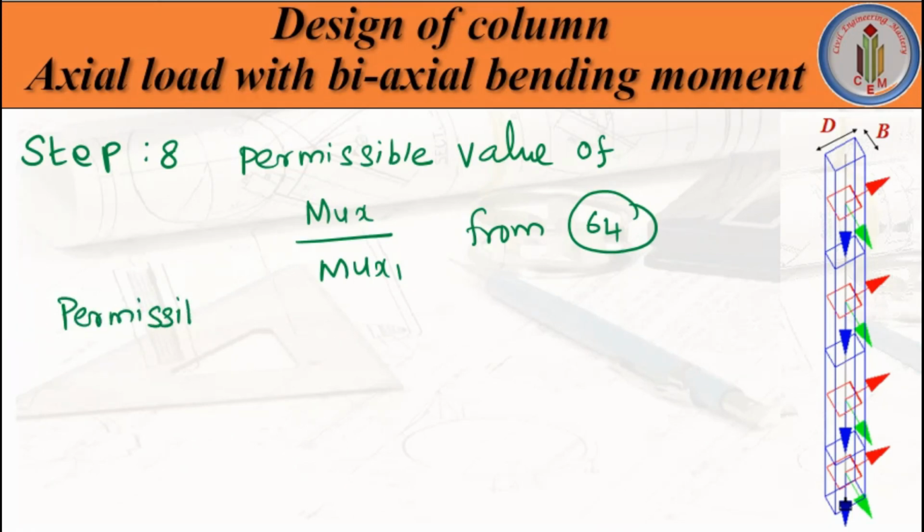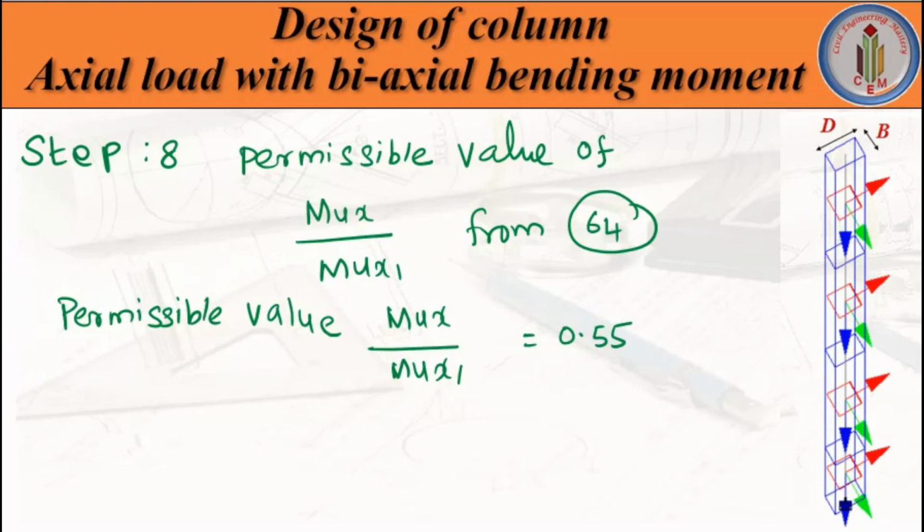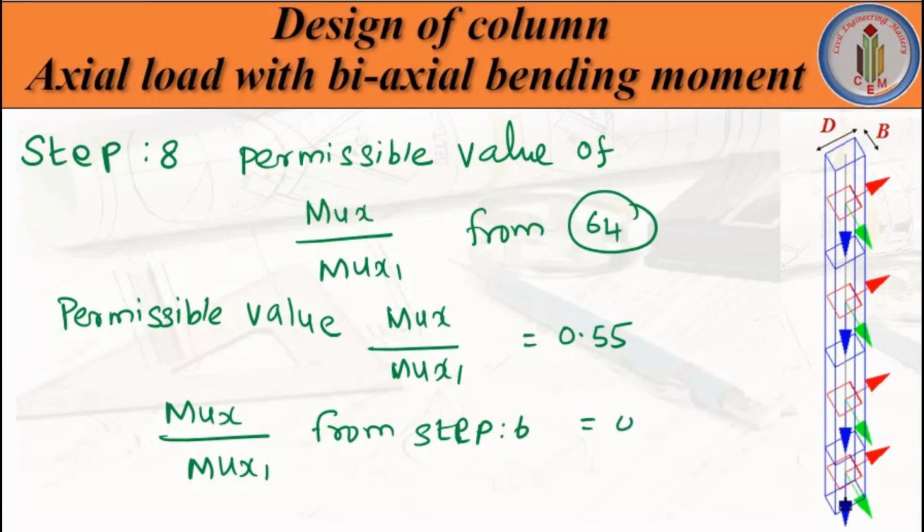Permissible value Mu x by Mu x1 is equal to 0.55. So whatever the value we calculated, Mu x by Mu x1 from step number 6, that value is 0.515. 0.55 is greater than 0.515.